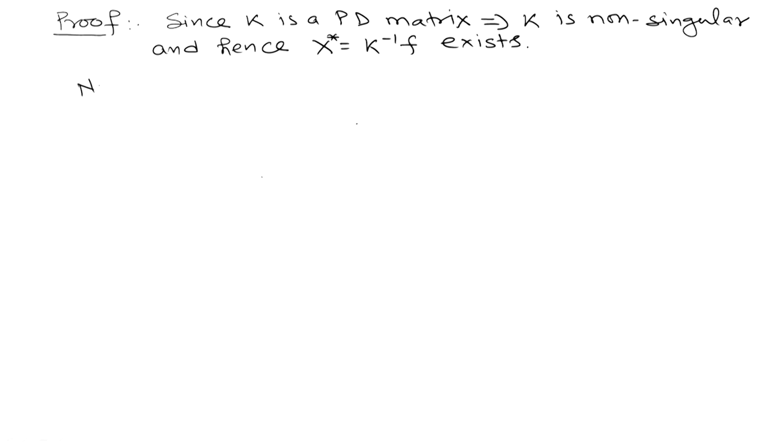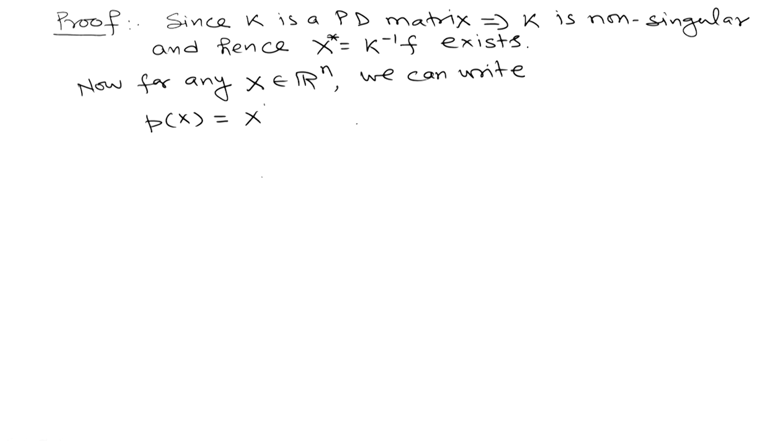Now, for any x belonging to the n dimensional real vector space, we can write P(x) equals x transpose K x minus twice x transpose f plus c.